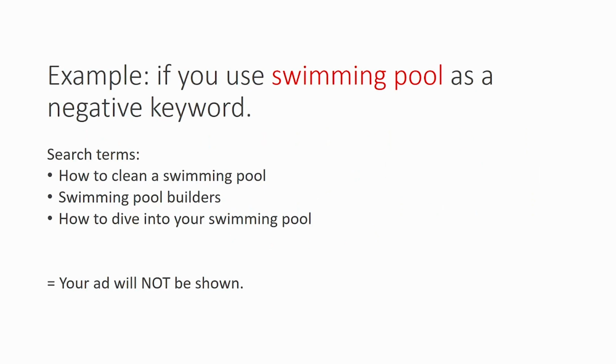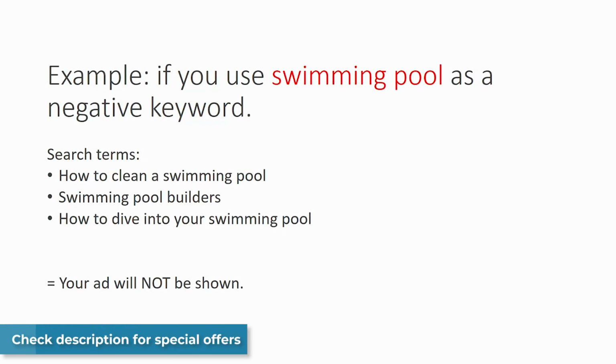Again, we will use the keyword swimming pool as an example. So when swimming pool is a negative phrase match keyword, then whenever someone types into the search the terms how to clean a swimming pool builders, how to dive into your swimming pool, your ads would not be shown because the entire phrase is included.